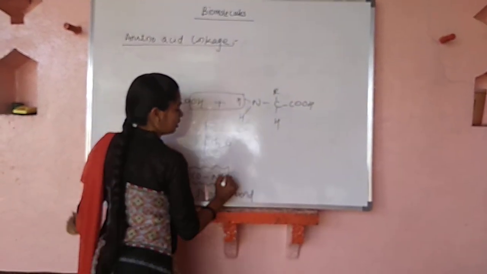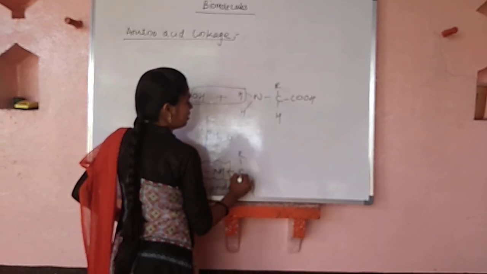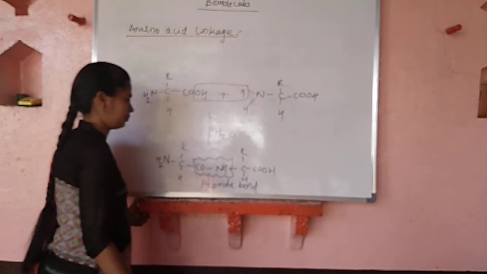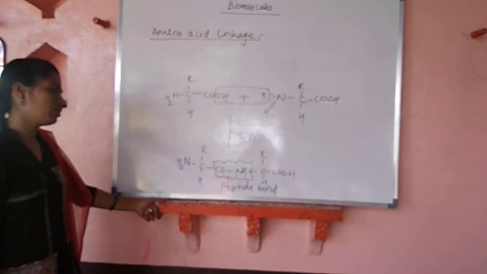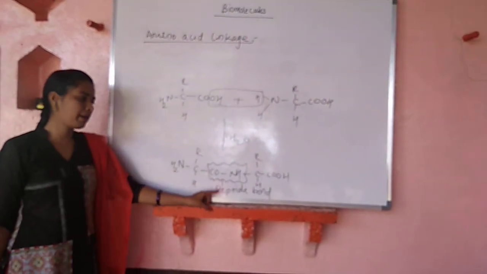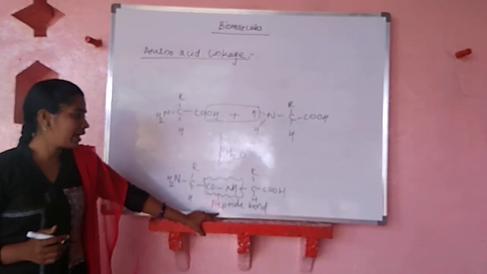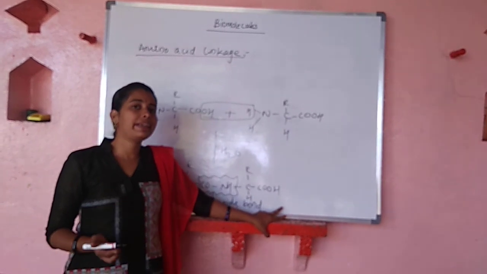Next to this NH there is R-H-COOH. So they make one peptide bond. If there are two peptide bonds, then it will be a dipeptide.